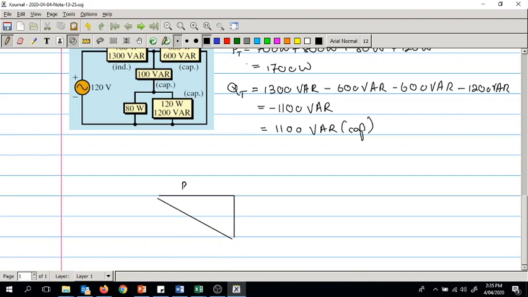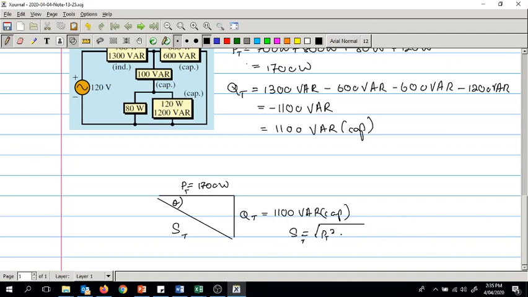So PT equals 1700 watts, QT equals 1100 VAR capacitive. Then S. What is S? The size of S as well as theta, right? This is ST, total apparent power.